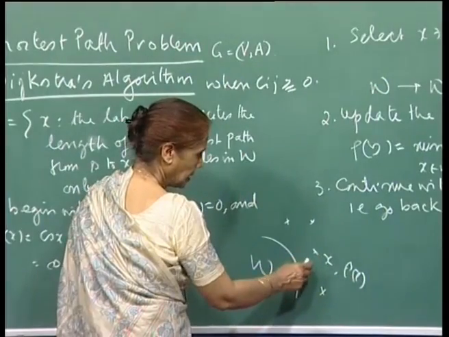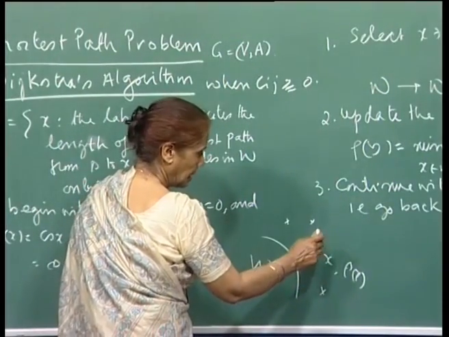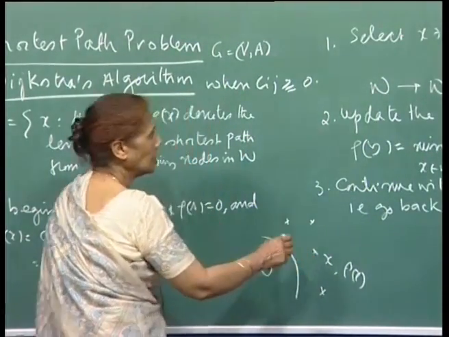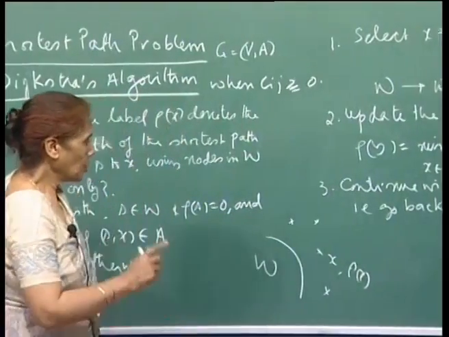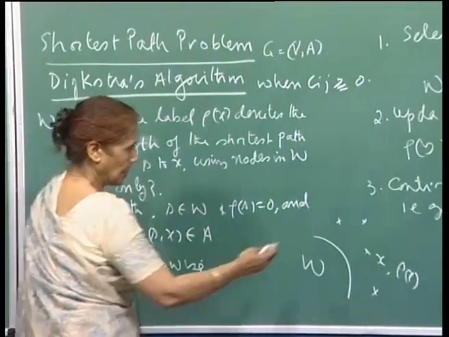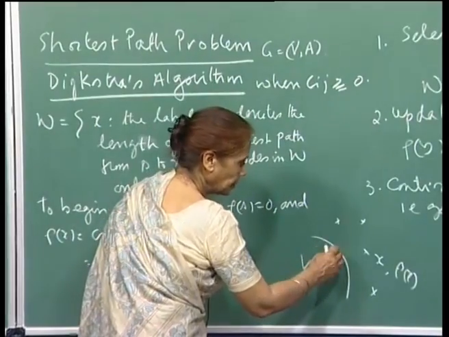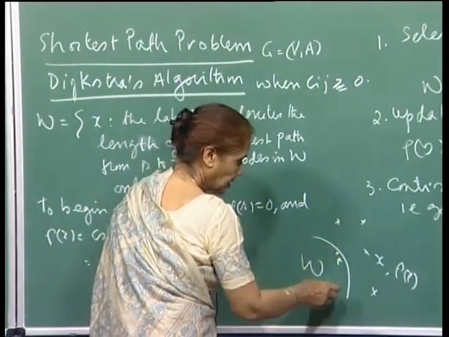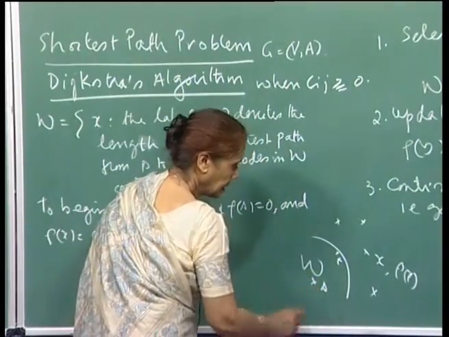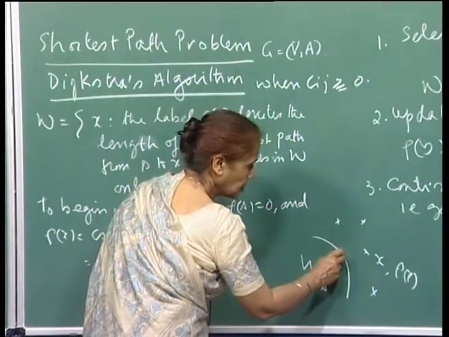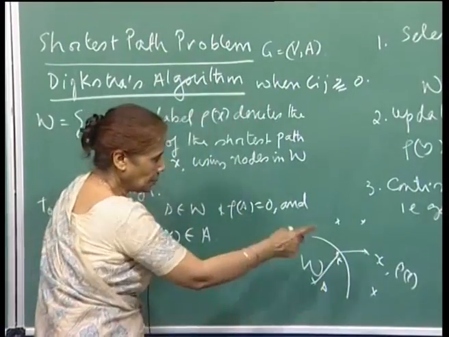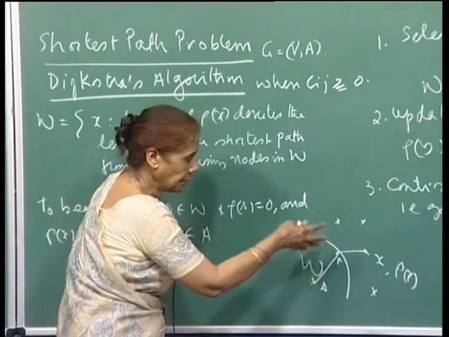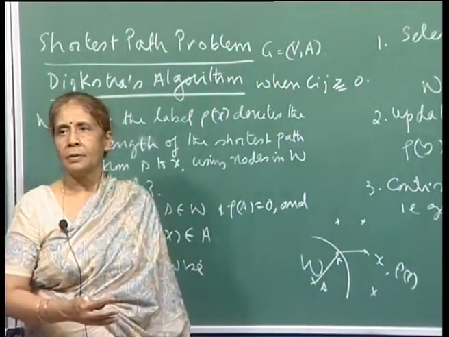Rho X represents the length of the shortest path from S to X by using nodes of W only.